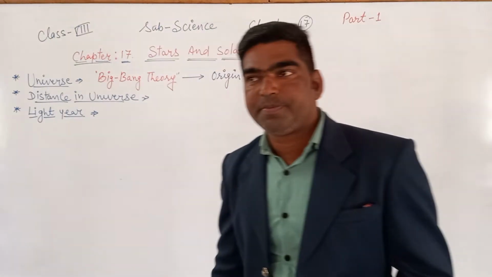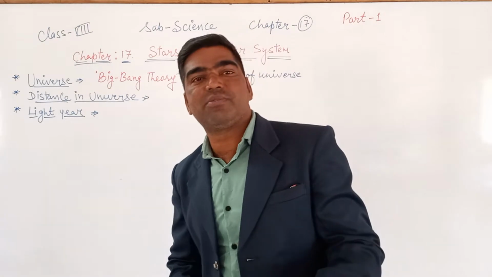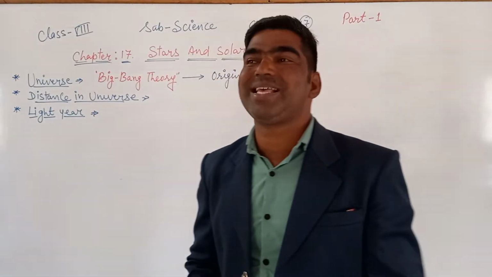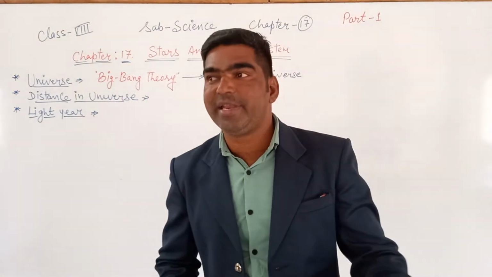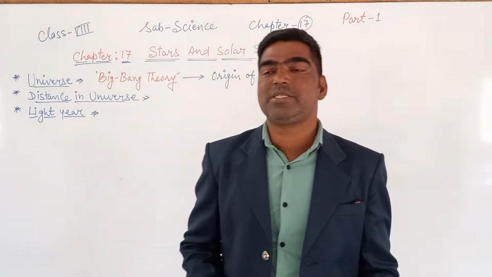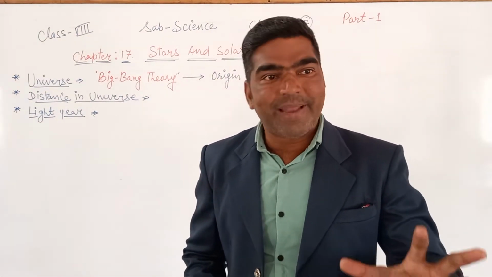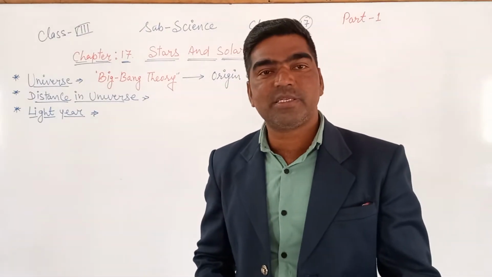This chapter is about how stars are formed, and also how the solar system is formed, what the different planets are, what their basic characteristics and properties are, and what other things there are besides the planets.